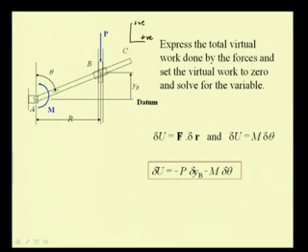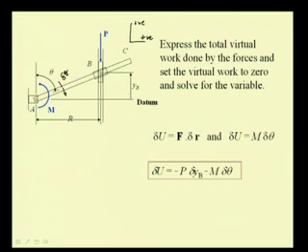Then let us see what is the work done by the moment. Here the positive displacement delta theta is in this direction, and the moment is in the other direction. So, the sign of this is negative.